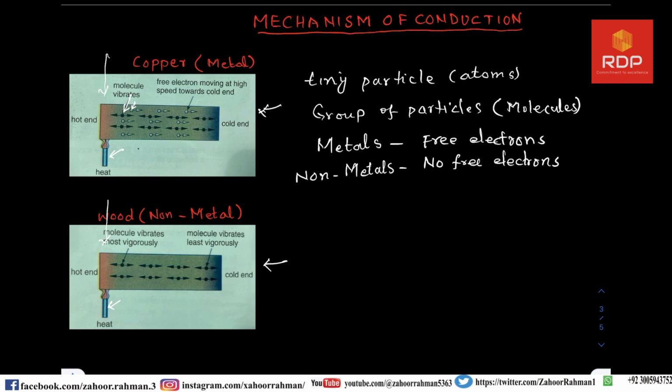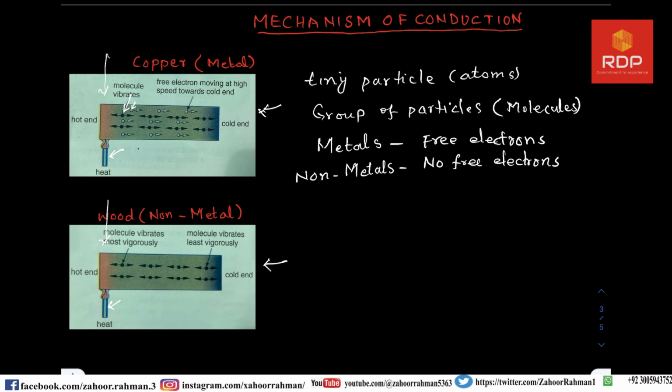This process of passing heat from the hot end to the cold end by molecular vibration is common to both copper and wood. It is a relatively slow process of heat transfer compared to another process called free electron diffusion.